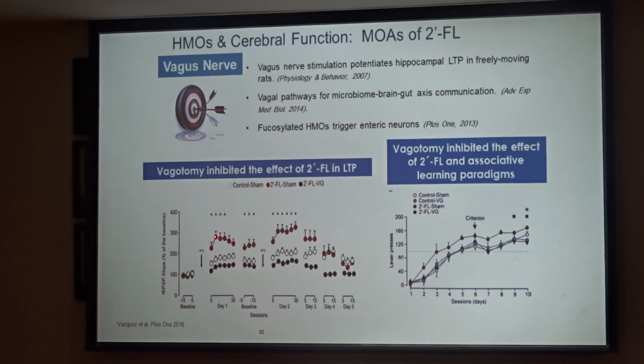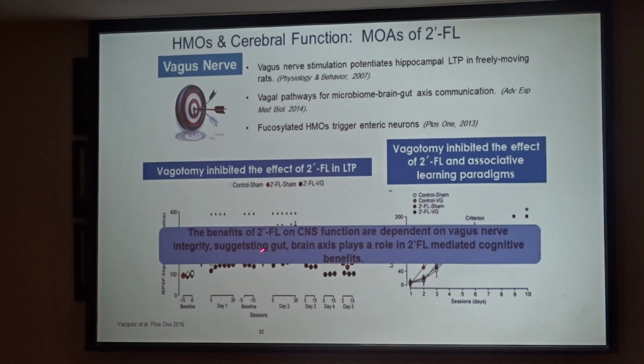But those taking 2FL with no vagotomy still have a high excitatory postsynaptic potential. So the benefit of 2FL on CNS function is dependent on vagus nerve integrity, suggesting the gut-brain axis plays a role in 2FL-mediated cognitive benefits.